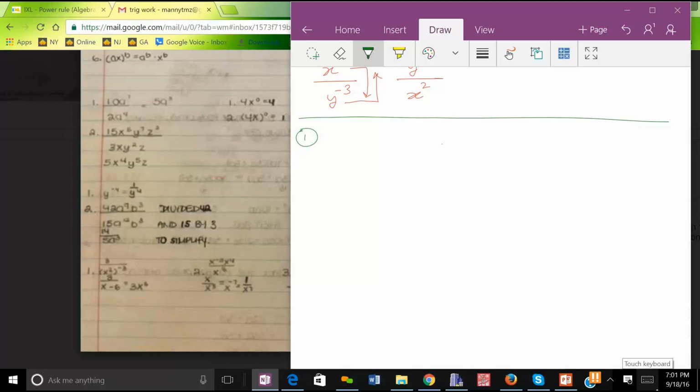Okay, so what do you have on number 1? It's 3 over x to the second, to the negative third power. Right. So you tell me what I should do. So, you have to make the negative 3 positive.